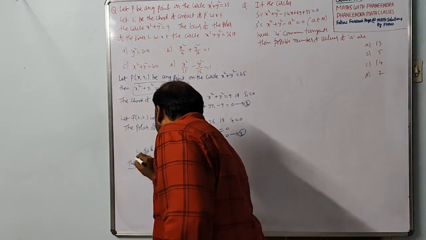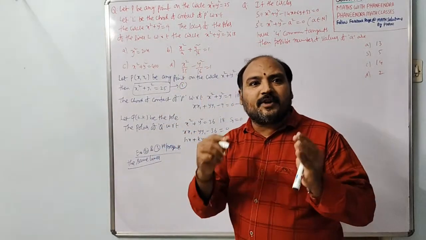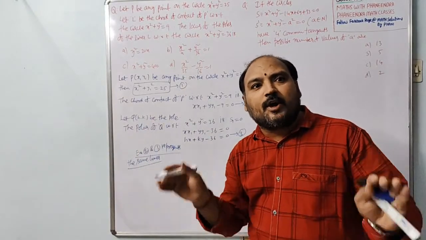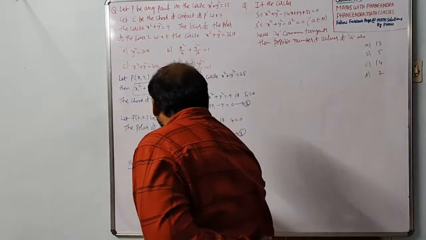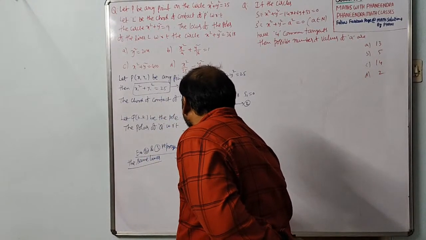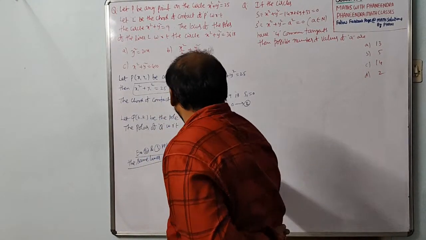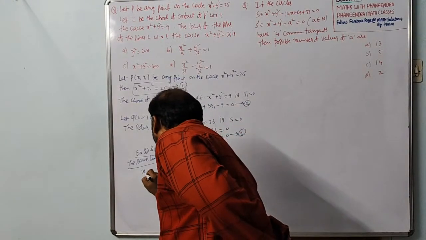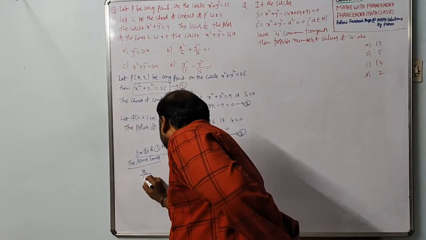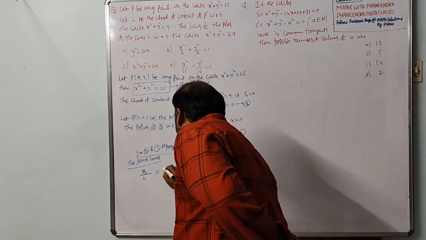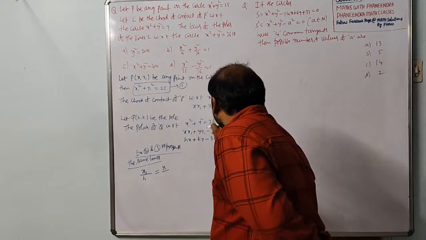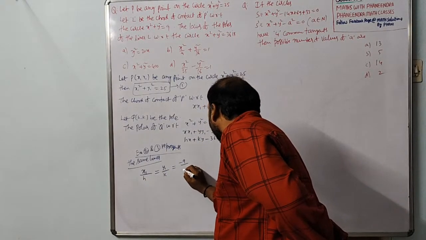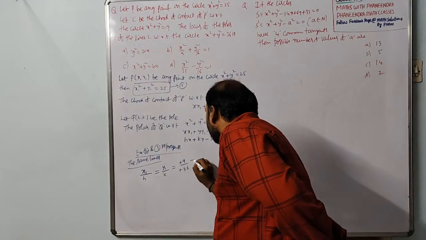Whenever lines represent the same line, their x coefficients, y coefficients and constants are in proportion. Taking from 2 and 3: the x coefficient is x1 and h, the y coefficient is y1 and k, and the constants are minus 9 and minus 36, which gives 1 by 4.